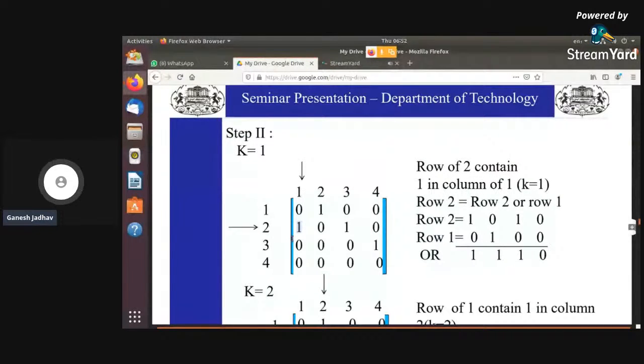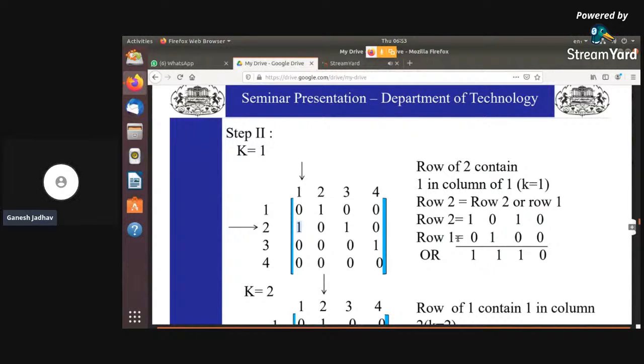Then what is the next step? Row 2 contains 1 in column number 1, with k equal to 1. So we have to find 1 in the second row of the first column. You have to modify your second row by using row 1, because k is equal to 1.